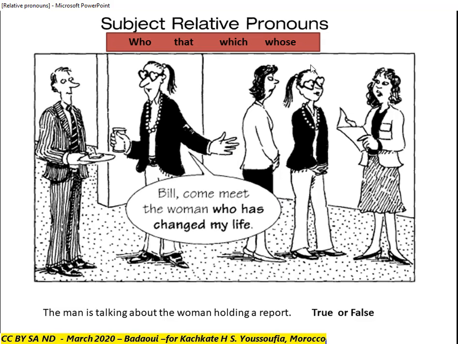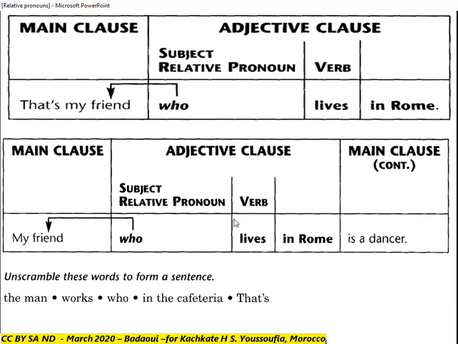Anyway, so a relative clause is a clause that is combined with a main clause. Let's take this example together. That's my friend who lives in Rome. Suppose the speaker has got different friends, and he's pointing at one of his.